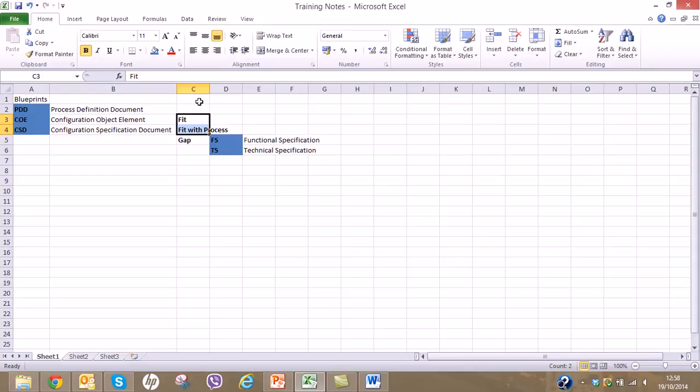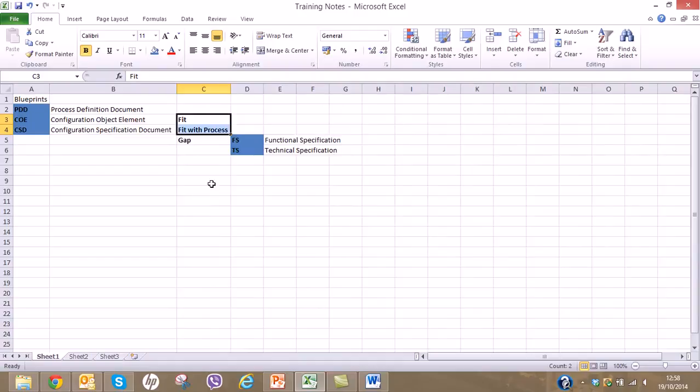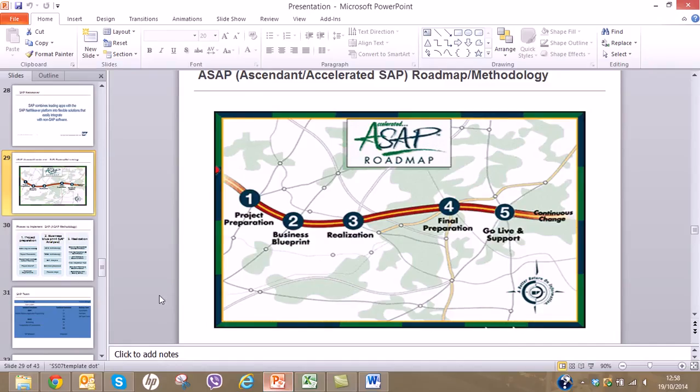But if it is a gap, we have to look at a statement which is called RICEF.